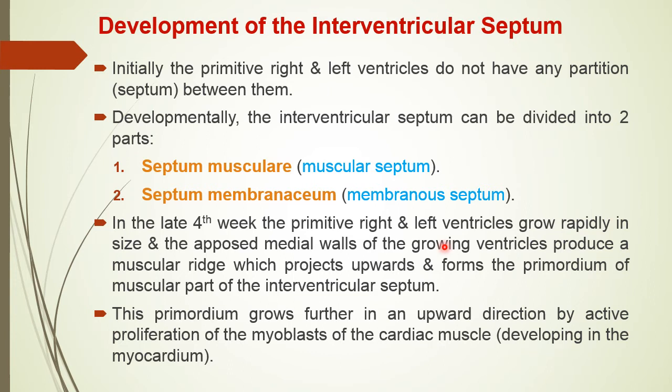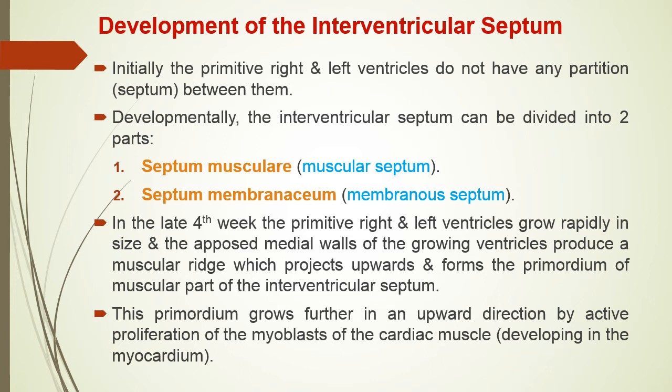So from the floor of the ventricle, a muscular ridge projects upwards and forms the muscular septum, and the upper edge of this muscular septum is also crescentic like the septa which we discussed in the atria, the development of the interatrial septum.